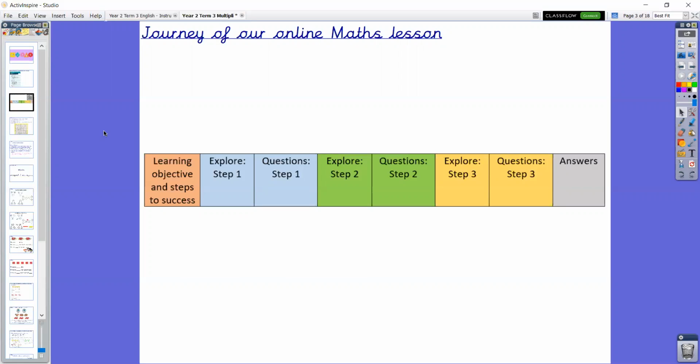And this process will be repeated for step 2 and step 3 before all the answers are shared at the end of the lesson. You will see that on the answers, some of the questions have different numbers from the slides I'm sharing with you. The reason for that is that the questions have been broken down into step 1, step 2 and step 3, which is the format we use across the whole school. So it's just keeping that consistency.